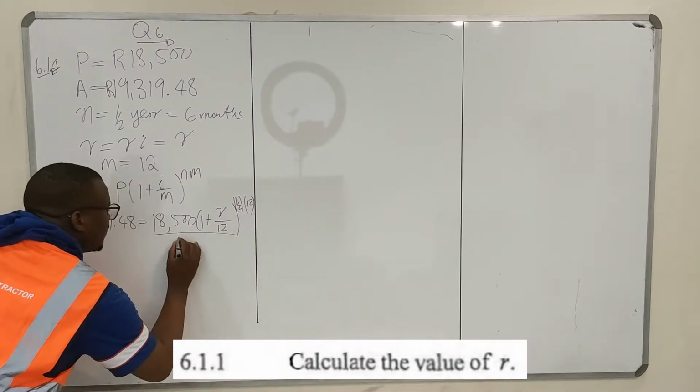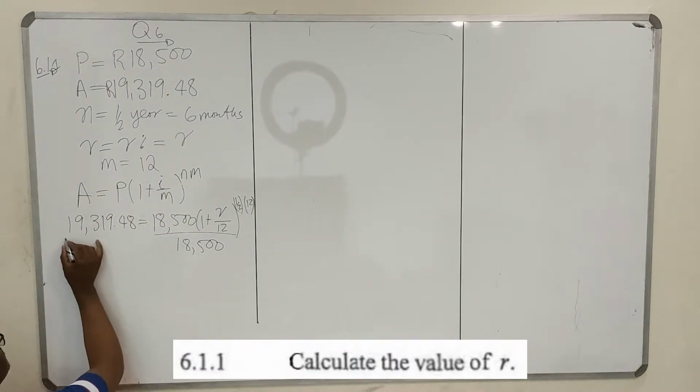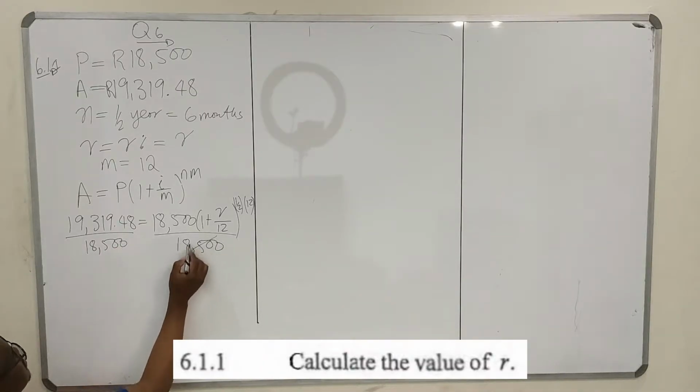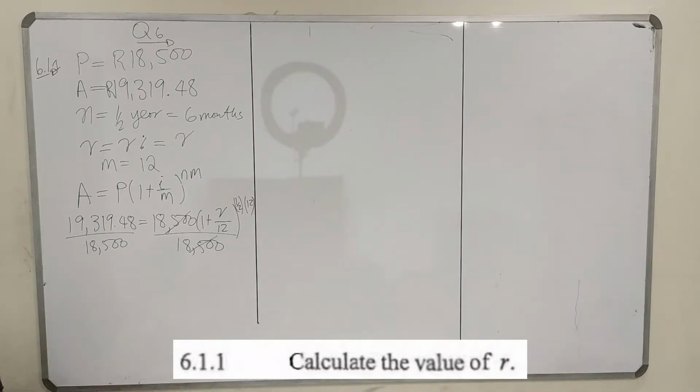So what do we do? Divide by 18,500 both sides. So this and that go away. So you're left with what? Let's punch that in. What is 19,319 rands 48 cents divided by 18,500?